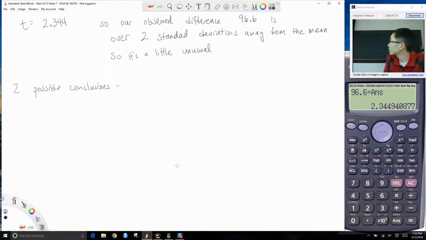One is, this is unusual enough that we say I don't think the difference in the population is 0. Or we say it's a little strange, but not that weird, so I'm not ready to conclude that the respective populations are different. Okay, so 2 possible conclusions.